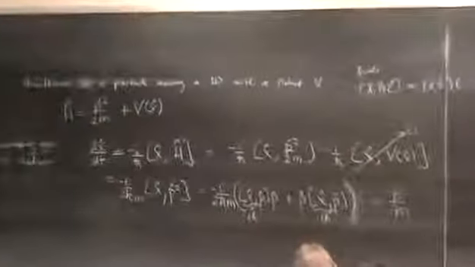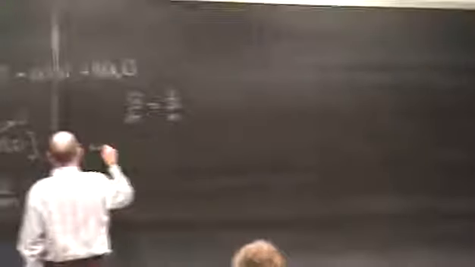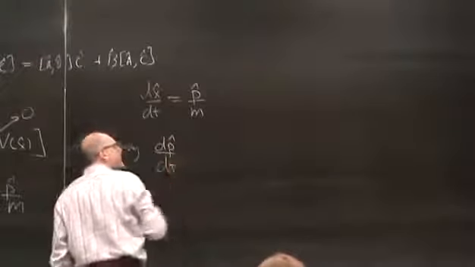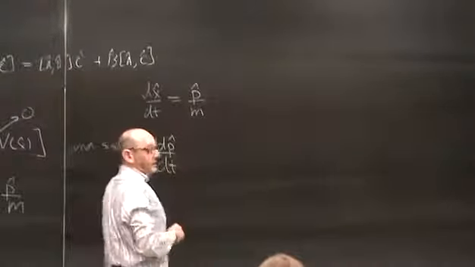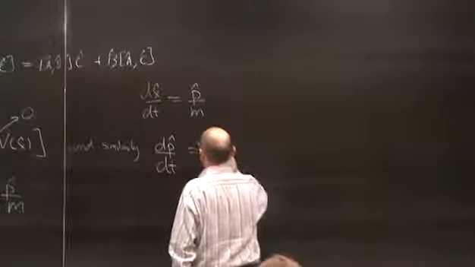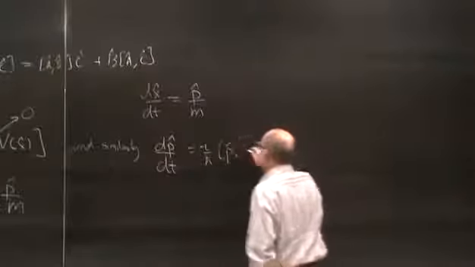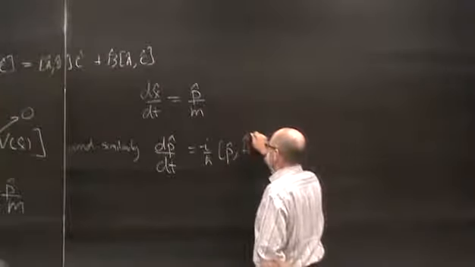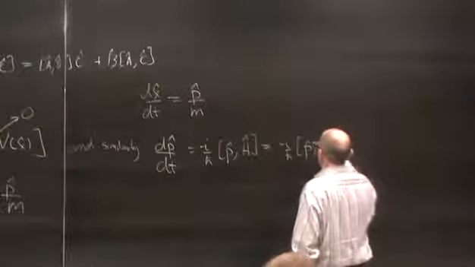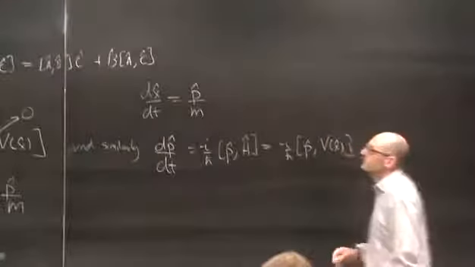So what we have here is this, and similarly, and you'll do this for homework, the time derivative of the momentum operator, which is minus i over h bar, the commutator of p with H, which is the commutator of p with the potential operator.